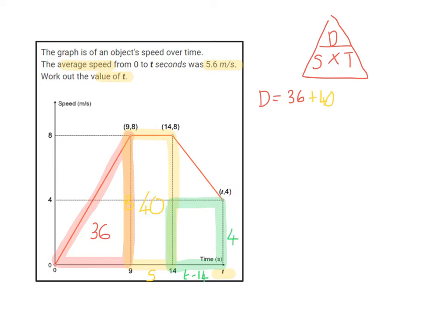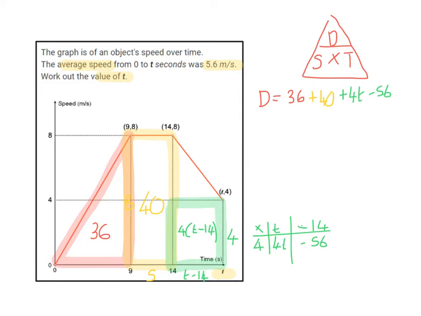So when I want to do the area of this, it's going to be 4 times t minus 14. I'm going to put that straight away into a little grid method. 4 times t minus 14, because I want it in its simplest form. 4 times t is 4t. 4 times minus 14 is minus 56. So let's add that up to our distance. So plus 4t minus 56.